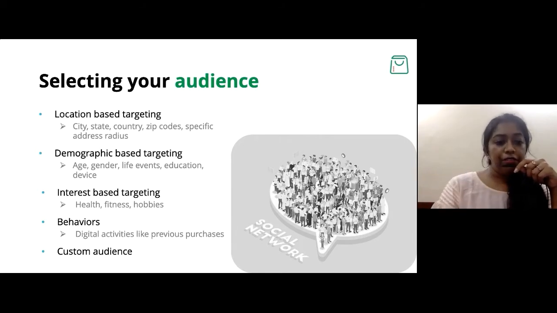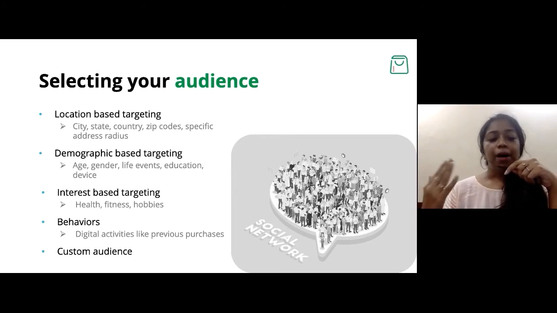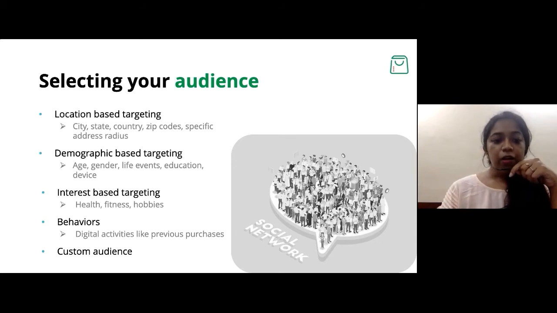So next is demographic, where you can target people based on their age, gender, life events, education, device. These are all pretty simple. But interest based targeting and behavioral targeting are the most important features, because they are directly related to people's interest.